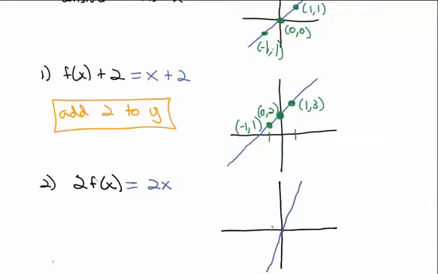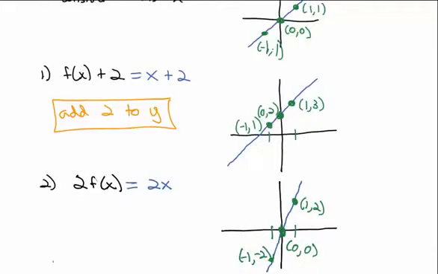And if we plug in our known values of -1, 0, and 1, we're going to have new y values. When we plug 1 in, 1 times 2 is 2. We have 1, 2 on the graph. When we plug 0 in, 0 times 2 is 0. And when we plug -1 in, -1 times 2 is -2.